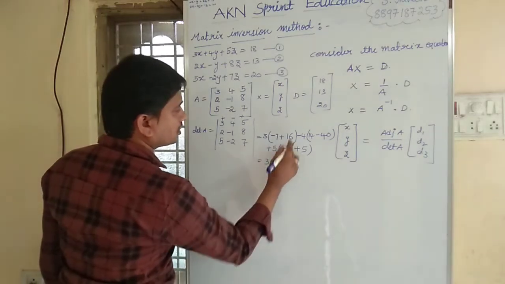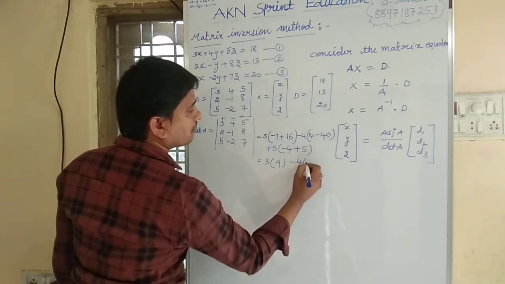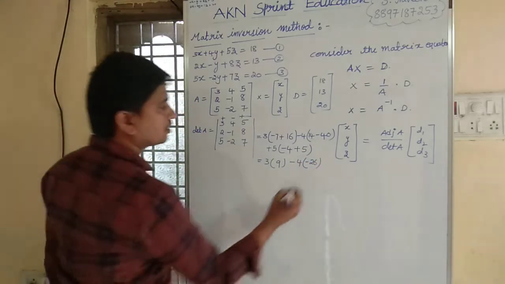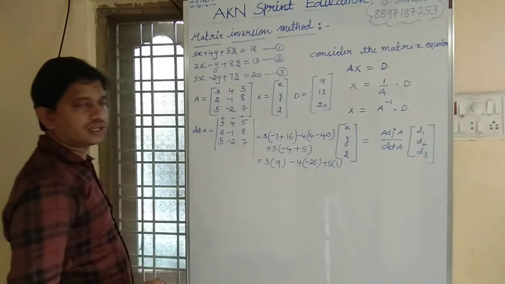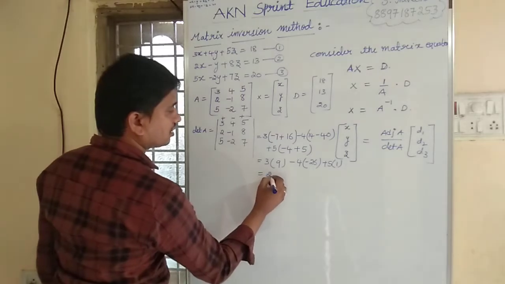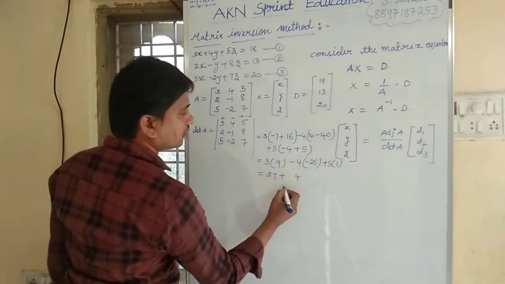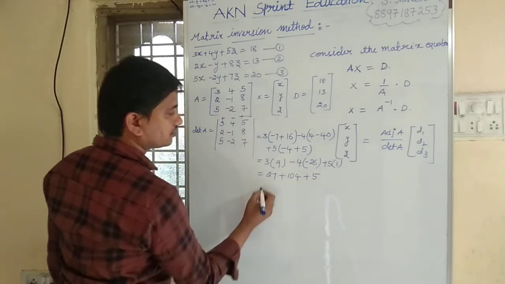So 3 into (16 - 7), 9, minus 4 into (14 - 40), that is -26, plus 5 into (5 - 4), which is equal to 1, children. So 3 nines are 27 plus 4 into 26 is 104, plus 5.